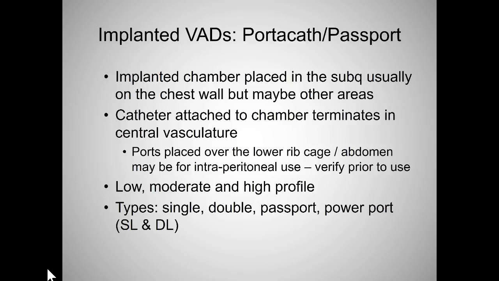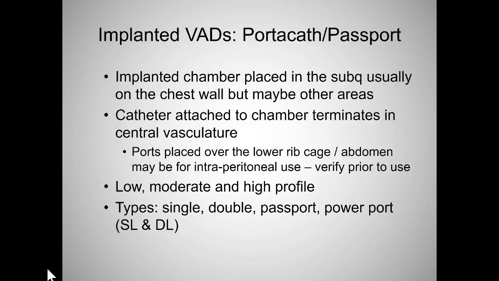Implanted vascular access devices are also known as a port-a-cath or a passport. The implanted chamber is placed in the sub-Q, usually on the chest wall, but maybe in other areas. A catheter attached to the chamber terminates in the central vasculature. Ports that are placed over the lower ribcage or abdomen may be for intraperitoneal use, but must be verified prior to use.